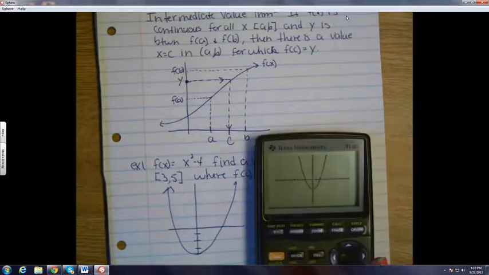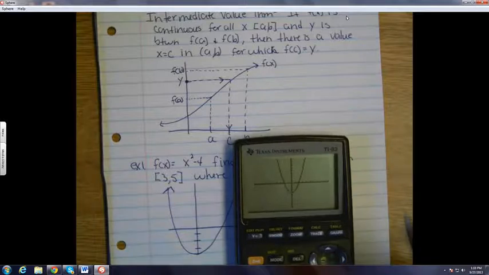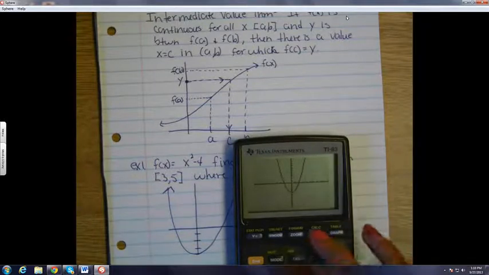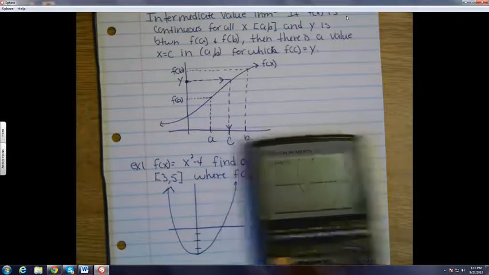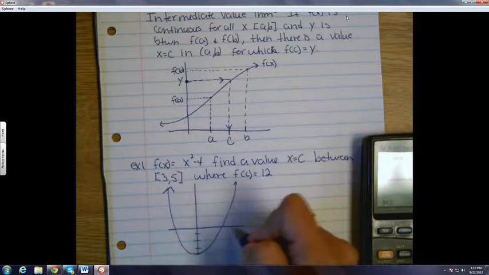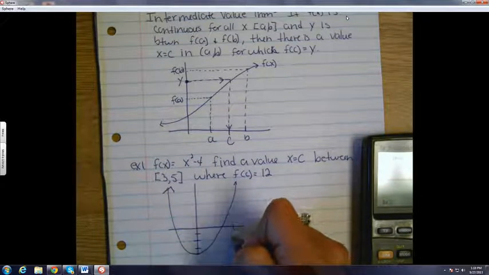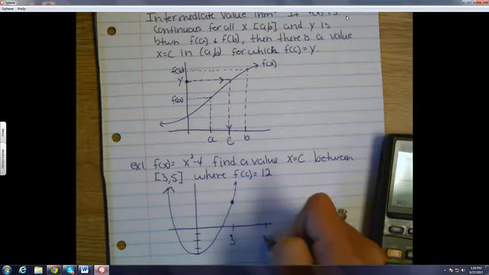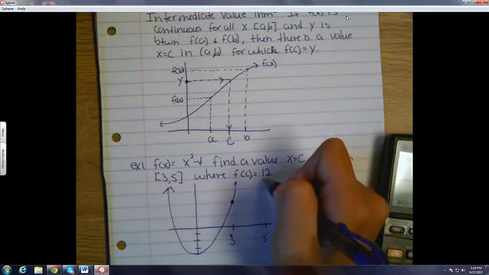Okay, I'm going to trace to 3. Looks like 3 is up here, 5 is up here. Trace 3. Yeah. So 3, 5. I didn't quite hit the graph there, but we'll go over.